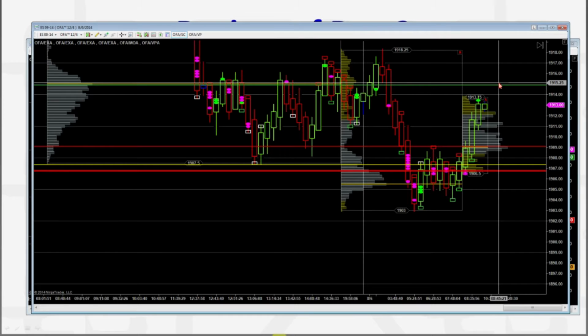Question about my settings on OFA on the ES: 12.4 and 12.6. I use 12.6 on the previous chart just because it takes up fewer bars. On the 12.6 chart, I care about the volume profile, so I'll have fewer bars. The 12.4 is the same thing; it gives me a pretty good sense of the volume profile.